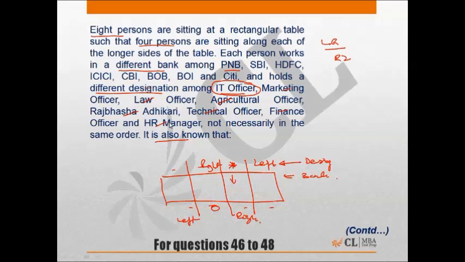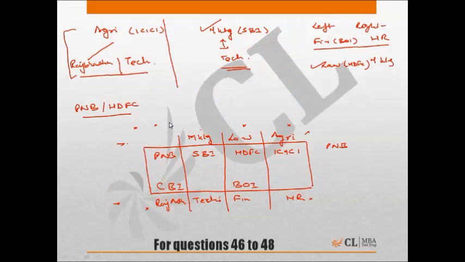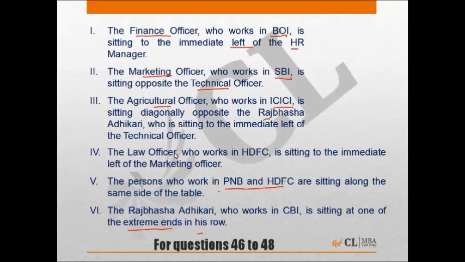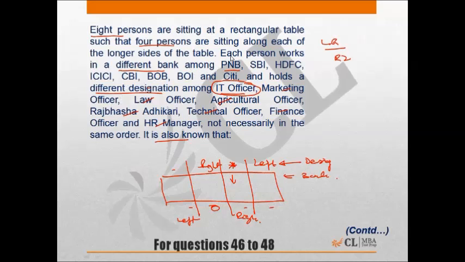So only IT officer is missing. That means the person working in PNB has to be the IT officer. And the two banks which are missing, let's check out the data again. We have taken into account PNB, SBI, HDFC, ICICI, CBI. BOB has not been taken into account, neither has Citi.